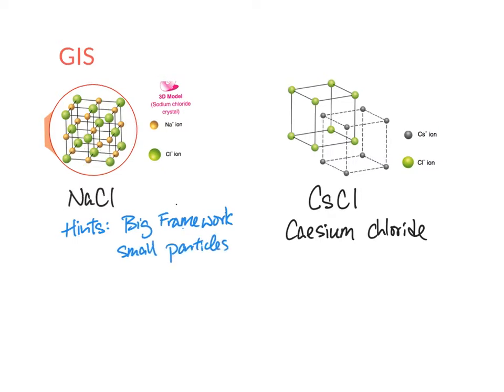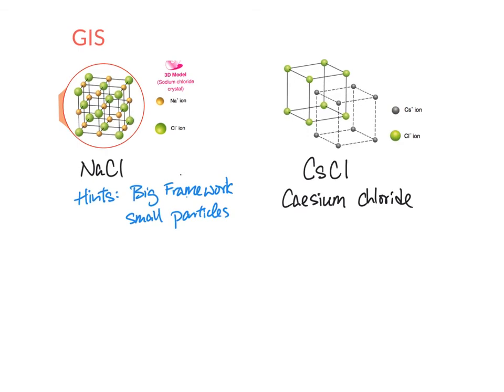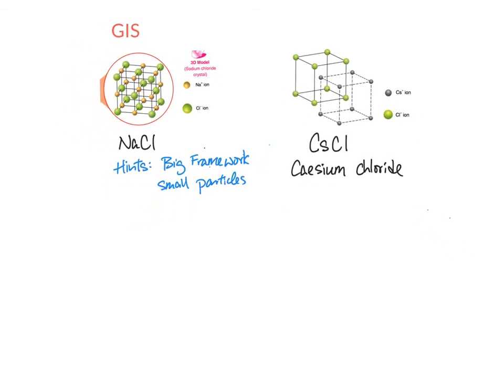The framework should be big, and then the particles can be smaller. What that means is you have to draw a big framework. It will look like this. Try to have the square, the rhombus, a little bit more flat.